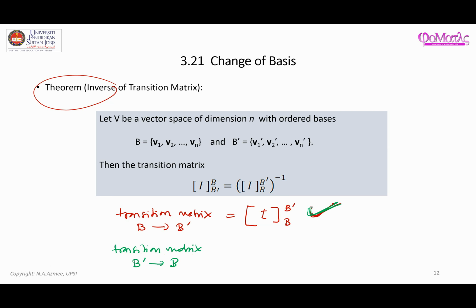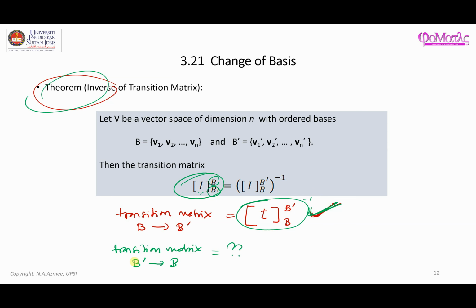since you have got this answer, in order to find this value, which is this one here, the transition matrix from B prime to B, what you can do is you can take what you have known here and find the inverse of this matrix. So that is what this theorem is all about. It is as simple as that, okay?